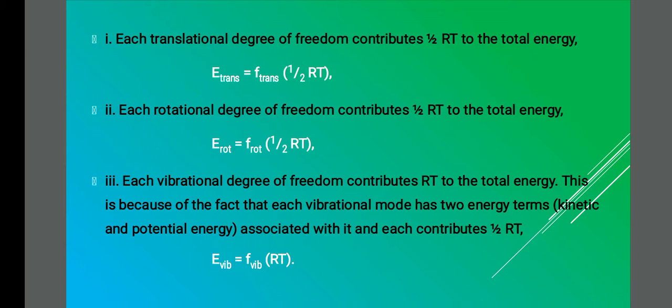E vibrational will be equal to F vibrational into RT. So this is the energy contribution. Using this we can find the energy from the equipartition principle, and calculate the energy given by the different motions to the total energy of the system.